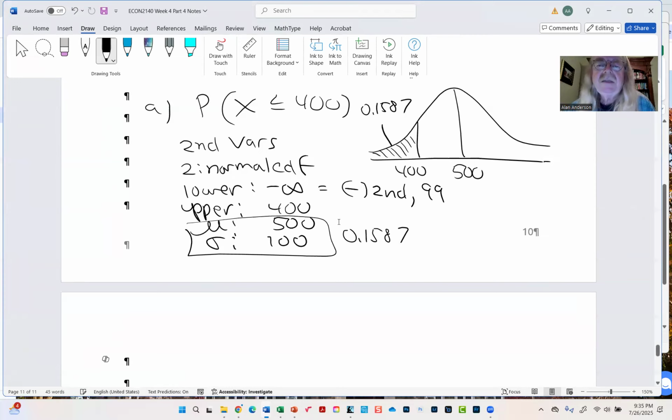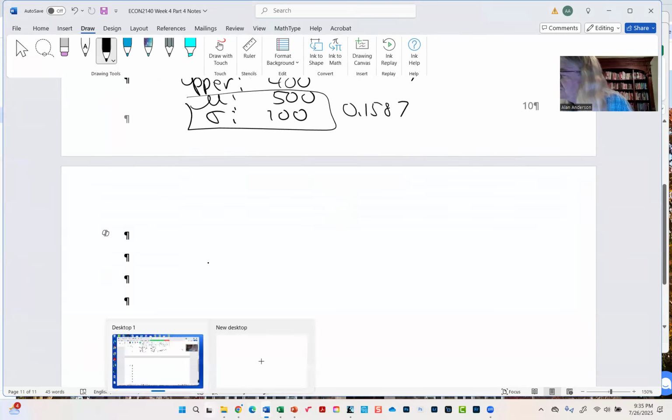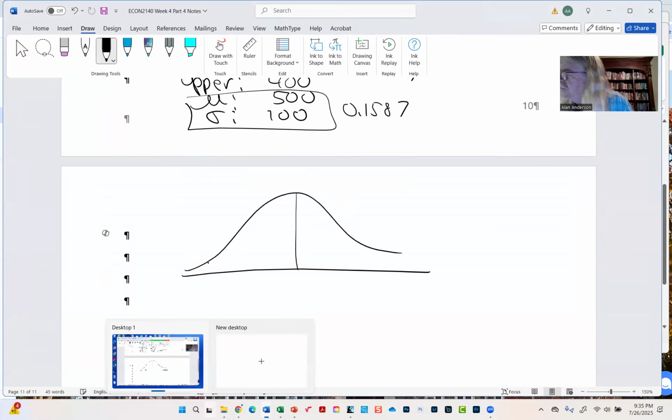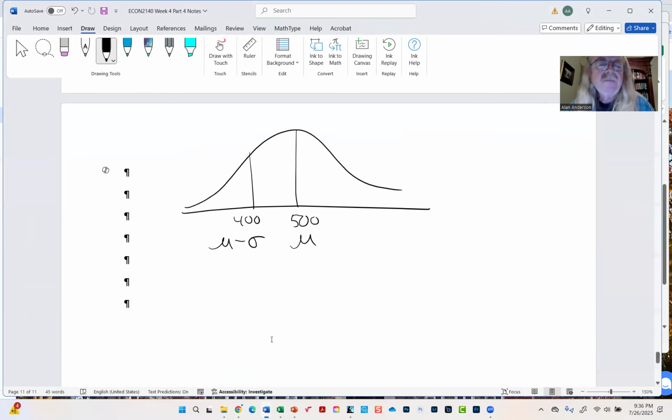Okay. Now, if you notice, let me just show you one interesting result here. This is the mean, and this is one standard deviation below the mean. If you remember, we did this exact same problem with the standard normal distribution.